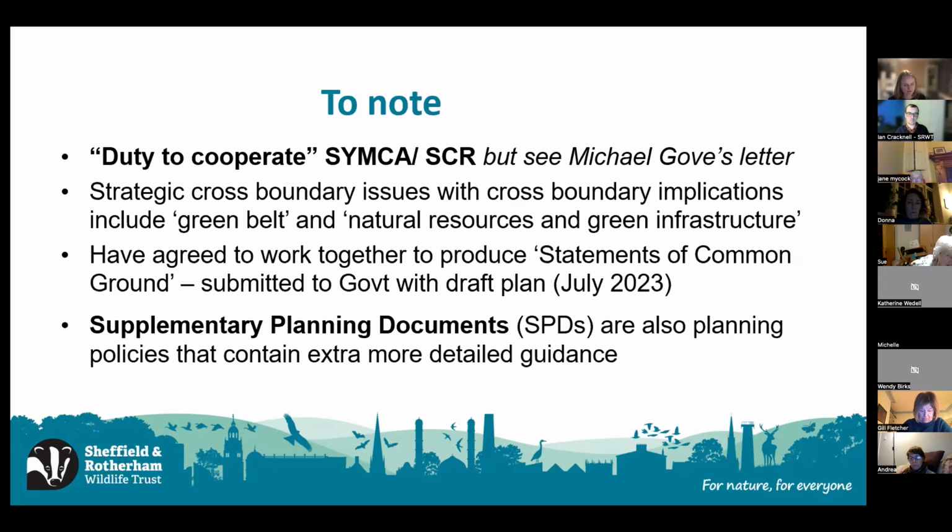If the government hasn't produced guidance on something, and in this case we're waiting for guidance on biodiversity net gain, then when that is available, the local planning authority can produce a supplementary planning document about how they're going to implement that locally. So they can come at any time within the life of the plan.